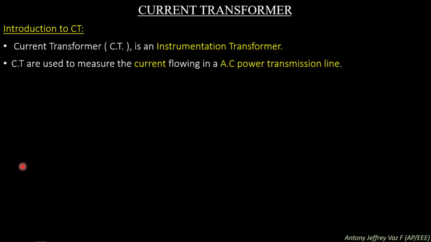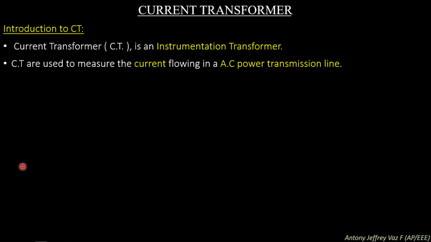When you consider a power station, this power station will be generating a voltage of 11 kilovolt, and this 11 kV is generated using a synchronous alternator, and this 11 kV should be transmitted to other place.